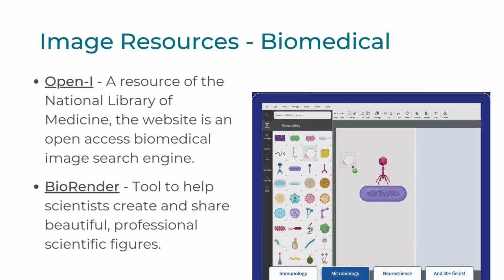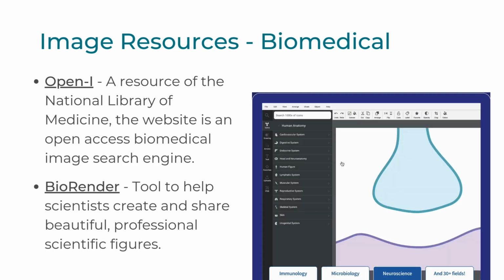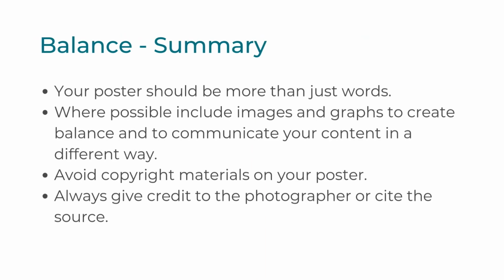And then BioRender is a tool to help scientists create and share beautiful professional science figures. So maybe you want to create a little diagram of the brain of the mouse that you're showing your research for your study on. You can do that with BioRender. The balance summary, your poster should be more than words. Make it visually interesting. Give it tables, give it images and diagrams.